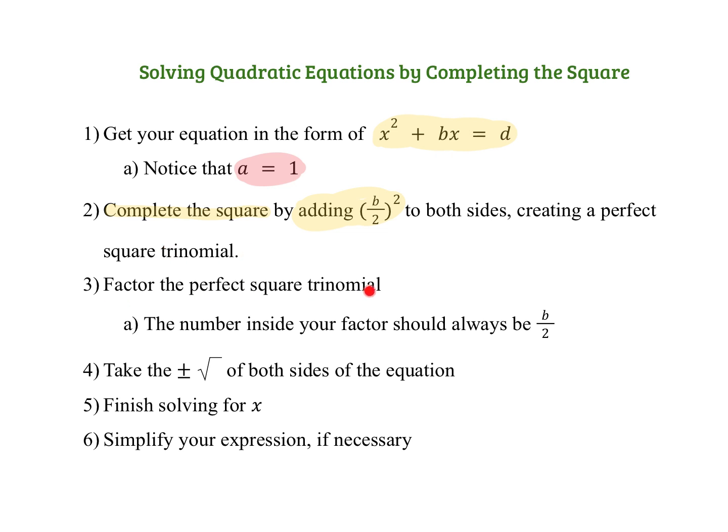Then we're going to factor that perfect square trinomial, noting that that number inside should always be b over 2. And then once we have that, just like that first example we did, if you have a binomial squared, you can take the plus or minus square root of both sides and then finish solving for x. So your goal is to turn this into a perfect square trinomial and then to factor that so you can take the square root of both sides.